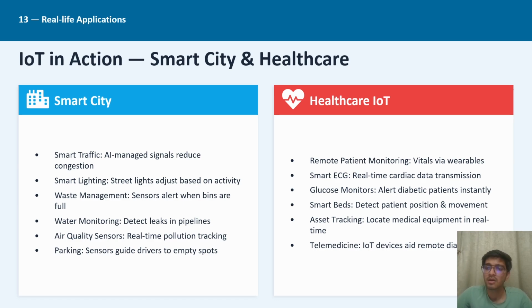Waste bins send alerts only when full, cutting waste collection trips. And in healthcare, as you know, the Apple Watch ECG feature has helped in detecting ECG levels of humans, and remote patient monitoring reduces hospital readmissions by up to 38%. IoT-enabled smart beds detect patient falls before they happen. These are not just future technologies, they are operational today.